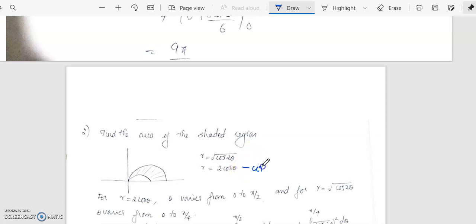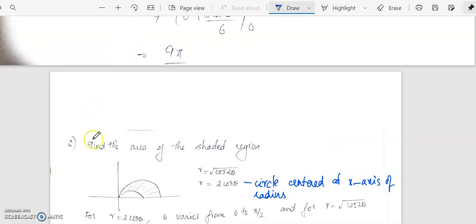So this is a circle centered at the x-axis of radius 1, because it is in the form 2a cos theta, the a value is 1, so the radius will be 1.